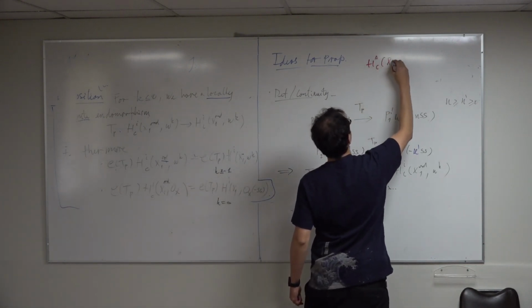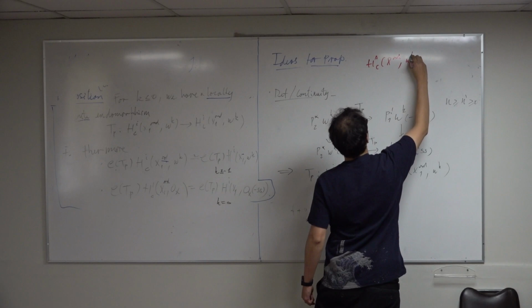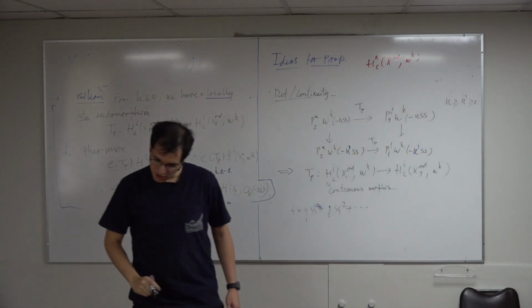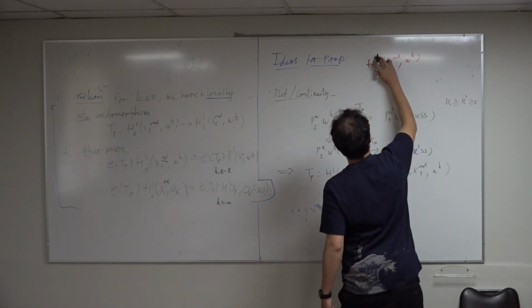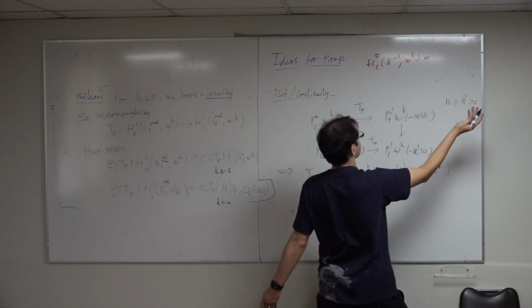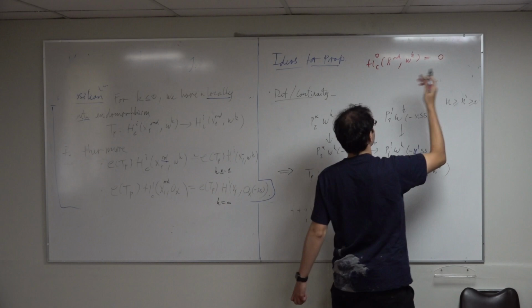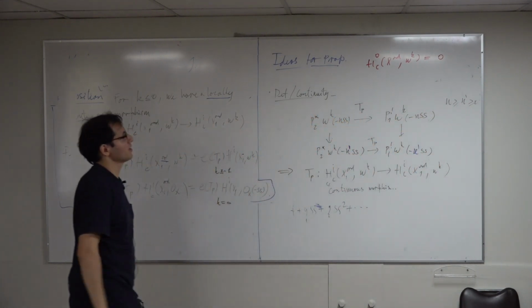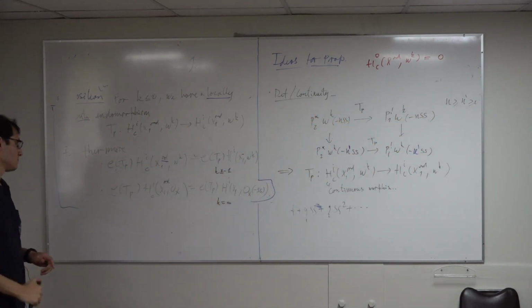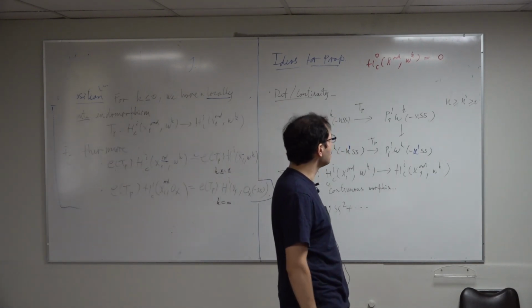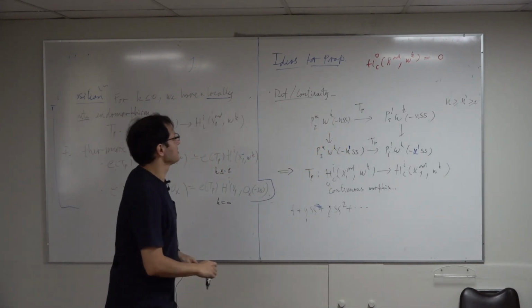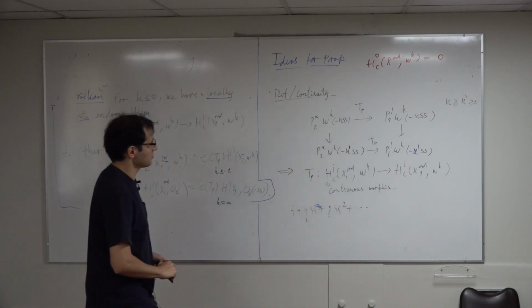H0 C XOR WK, I think. Let me just check. WK. So this is 0, okay? These are the functions. This is the vector space, the trivial vector space. And the point is that H1 is not 0 necessarily.